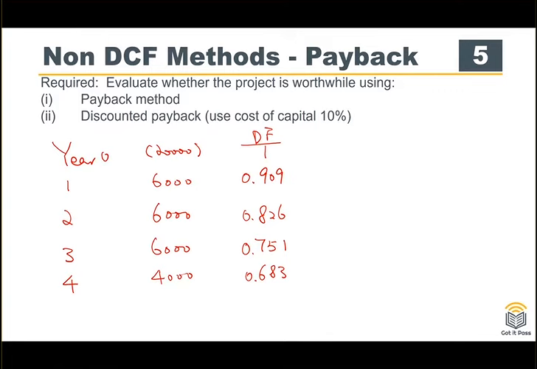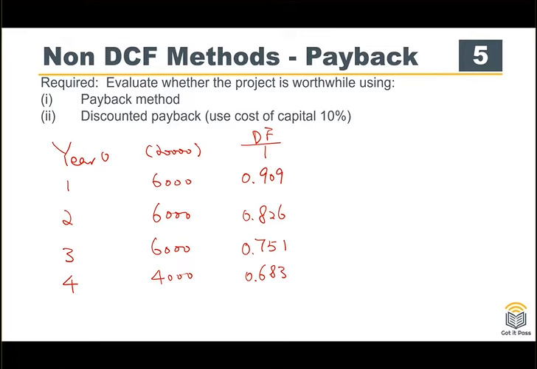And in the last year, the fifth year, if you remember the question, the operating cash flow is 3,000, and the working capital should be recovered, given the project is profitable.